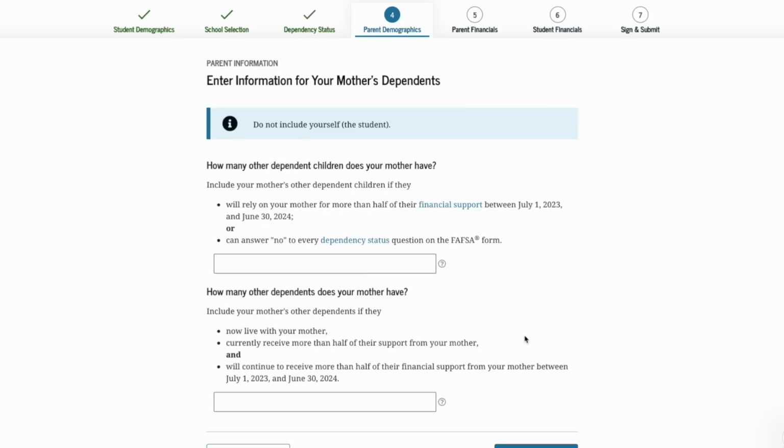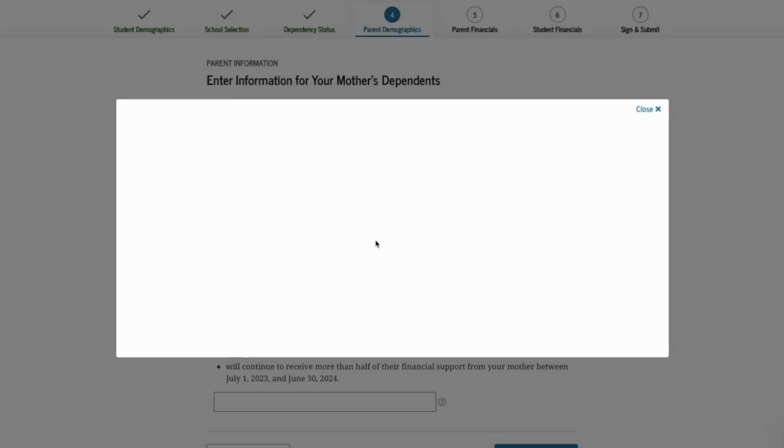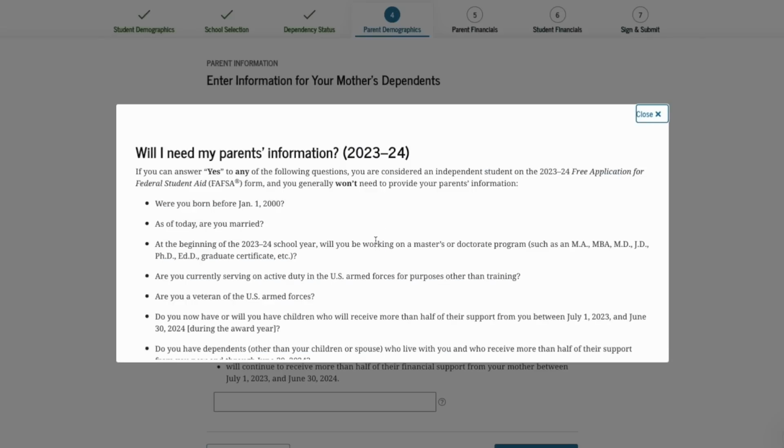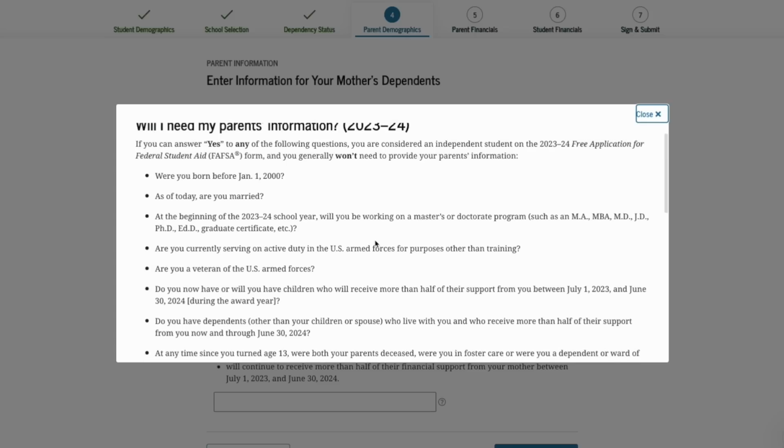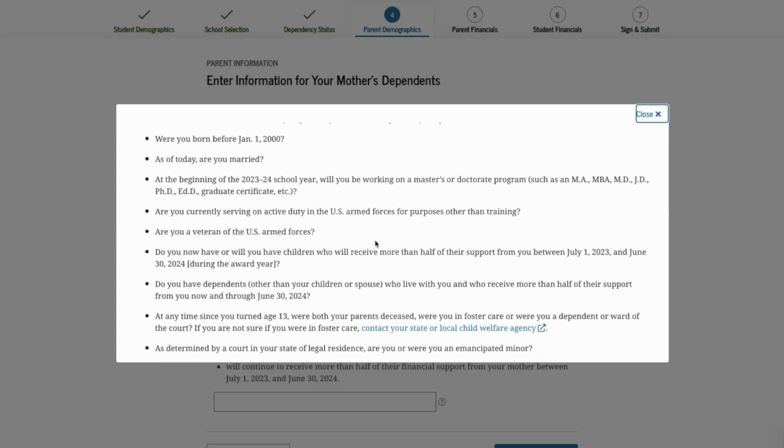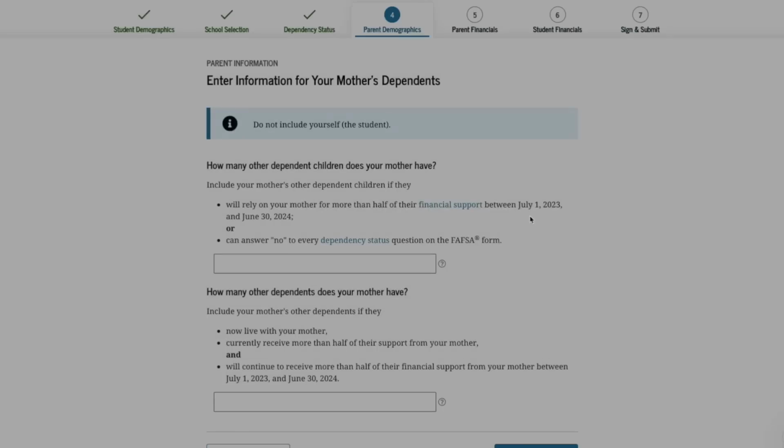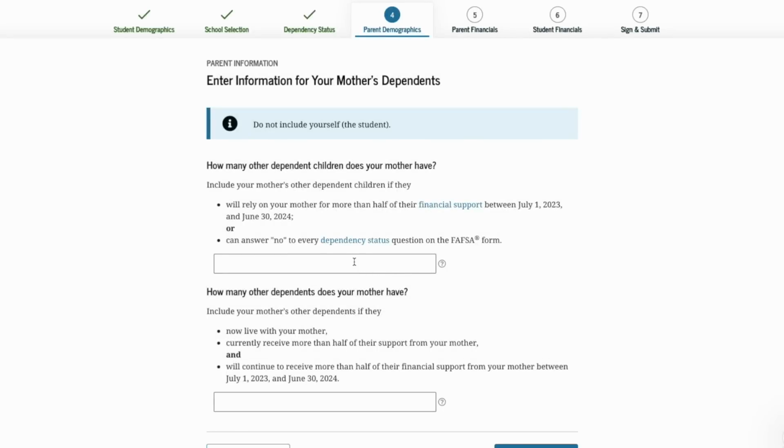And that child has to receive more than half their financial support from your mother, as well as the fact that they have to answer no to all the dependency status questions that are standard on the FAFSA form. You can use the pop-up to see what those questions are to determine whether a child living at home can qualify as a dependent child.